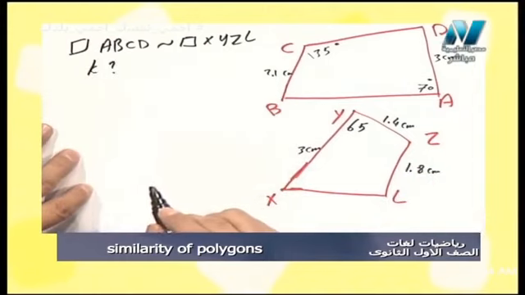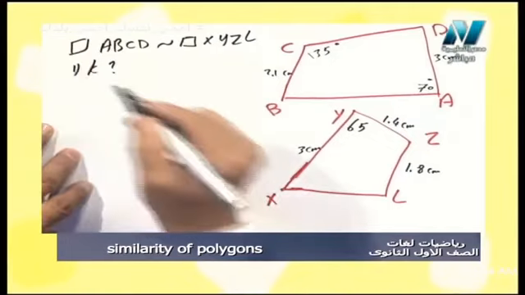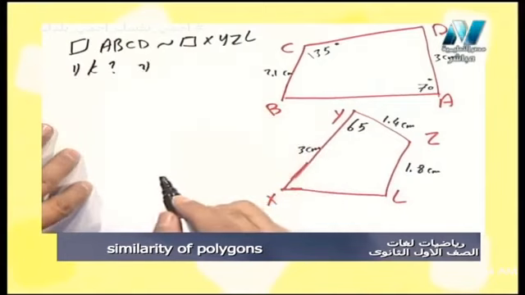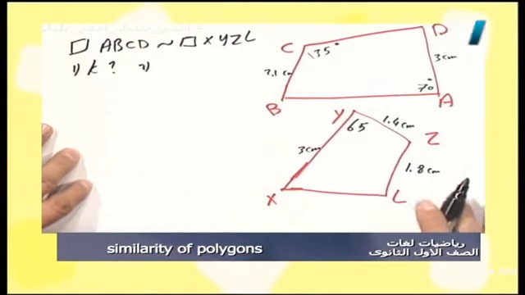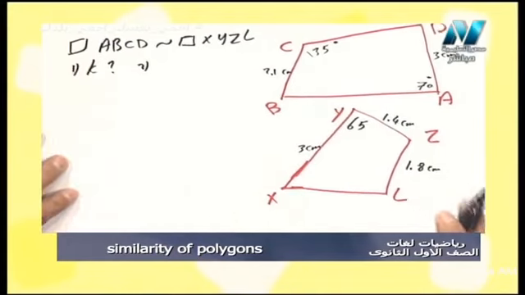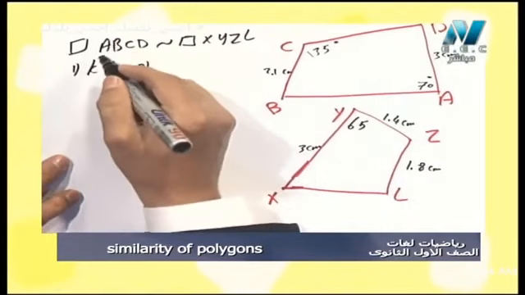K is the similarity factor or similarity ratio. That's the first request. The second request is to find the measure of the angles and sides which are unknown. Let's first put the sides and the angles.